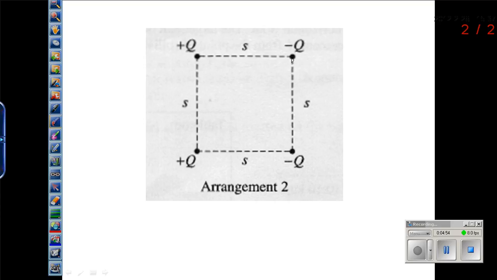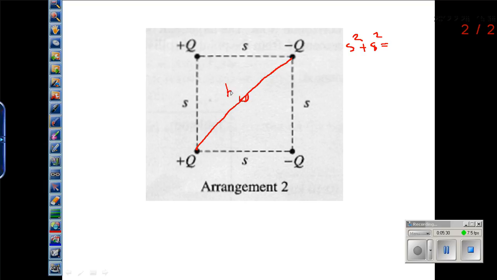Our distance right here from one charge to the very center of the square is our distance r. We can find the entire diagonal right here, though, using Pythagoras' theorem. So then all we need to do is cut that distance in half. So if you remember, for a triangle, it's a squared plus b squared equals c squared. So interpreting that for our diagram, we would say s squared plus s squared equals the length of that hypotenuse.